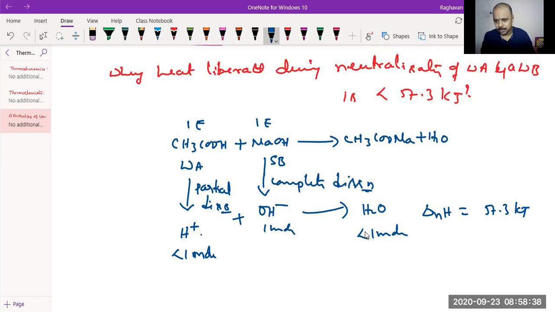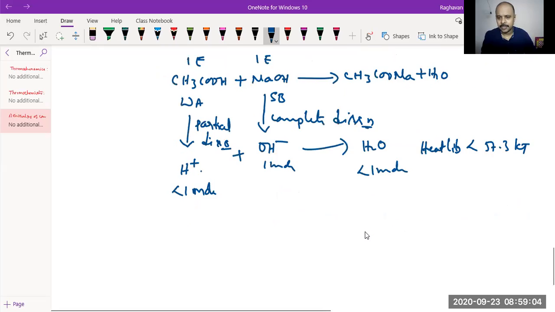So if I write enthalpy of neutralization, the negative sign comes. When I say less than minus 57.3, it becomes a different meaning. So because it is negative, I just write heat liberated is less than 57.3.